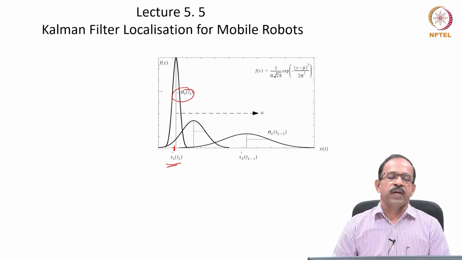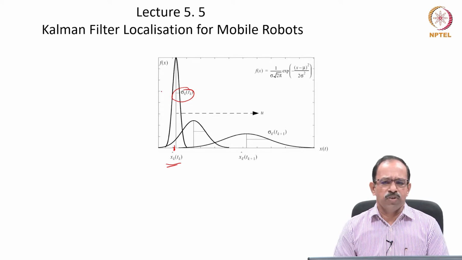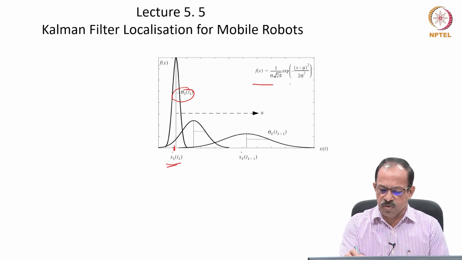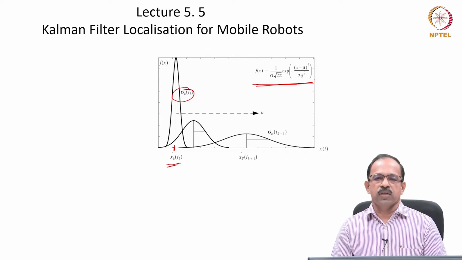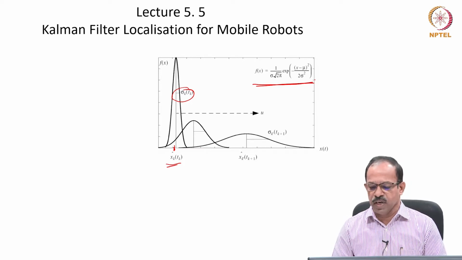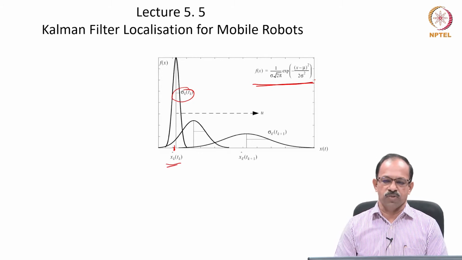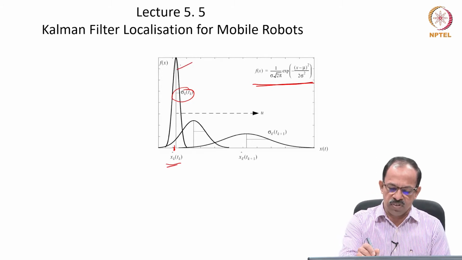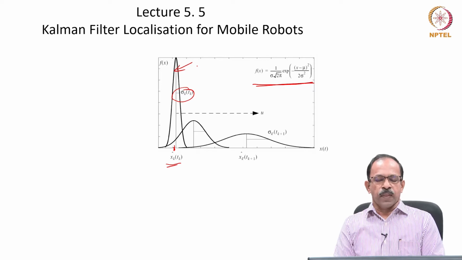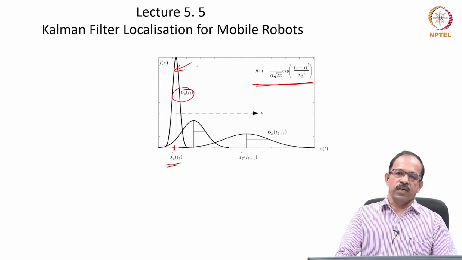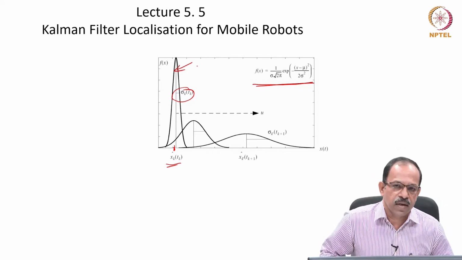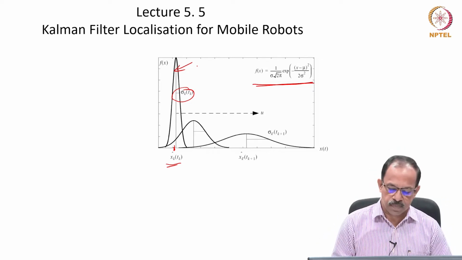It is a white noise distribution and can be represented using the density function f(x) = 1/(sigma root 2 pi) exp(-(x - mu)^2 / (2 sigma^2)). That is the fundamental assumption, that the error can be expressed using a distribution of this form.